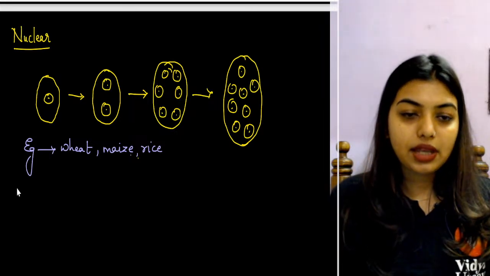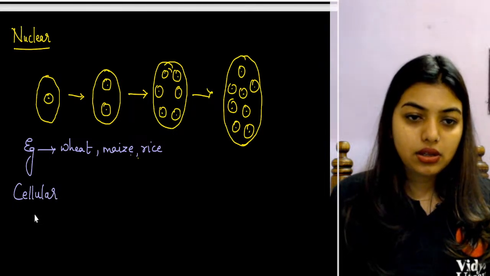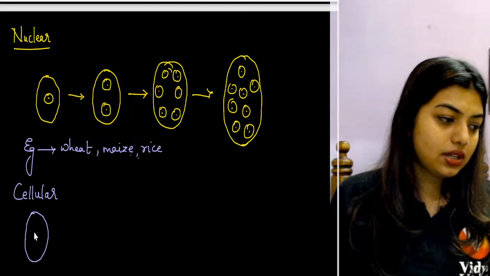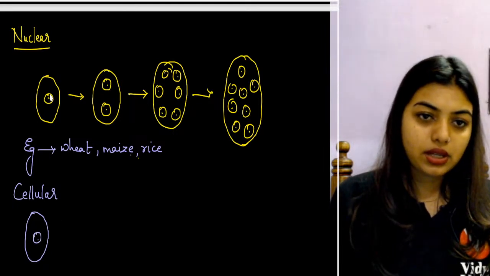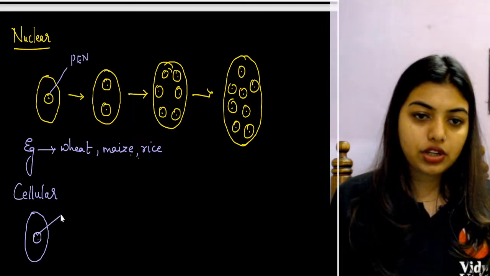Now at the same time, what is cellular? Can you see here? Again, this is the PEN. We are only talking about endosperm, don't get confused with zygote.